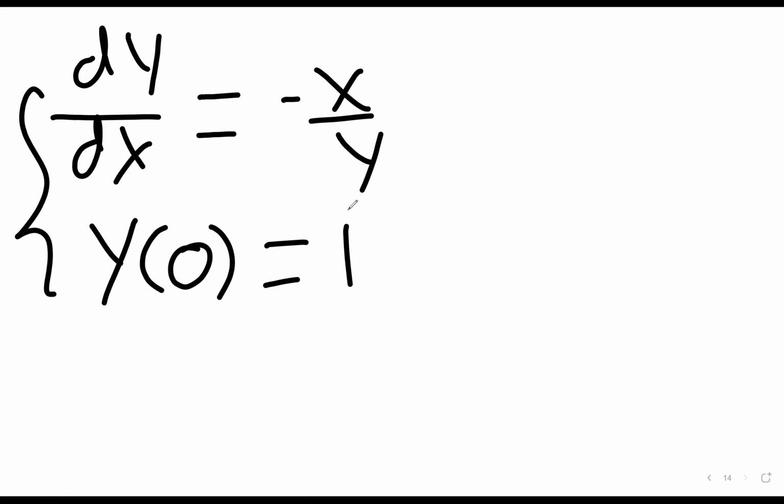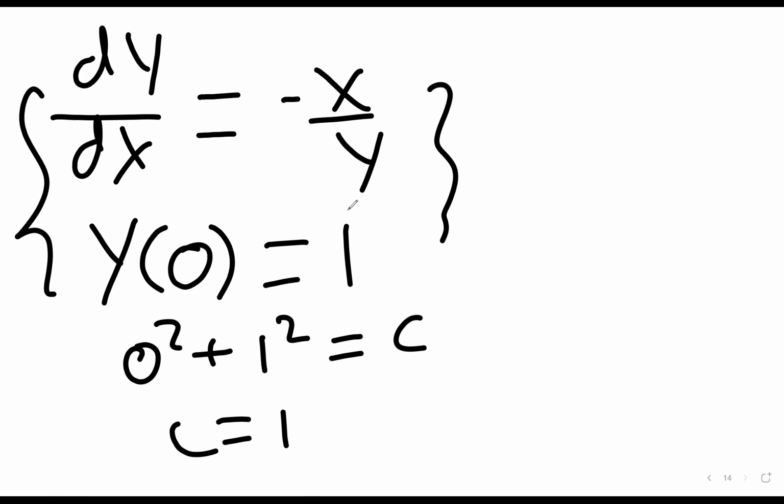For example, x equals 0: 0 squared plus 1 squared equals c. So c equals 1. So the solution is the equation x squared plus y squared equals 1.